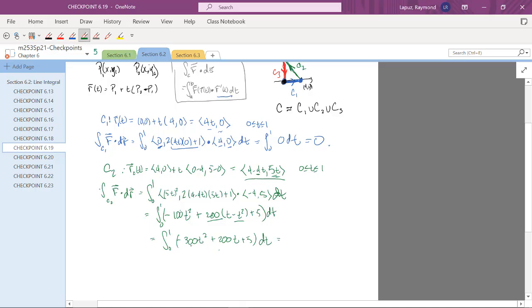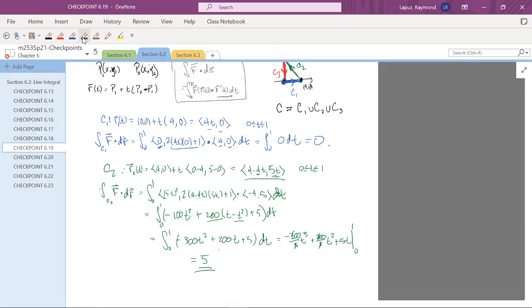So this is going to be negative 300 divided by 3 t cubed plus 200 divided by 2 t squared plus 5t. And that's the antiderivative. We're going from 0 to 1. 0 disappears, and we'll put 1 in here. We're going to get negative 100 plus 100 plus 5. So this will just end up being 5.